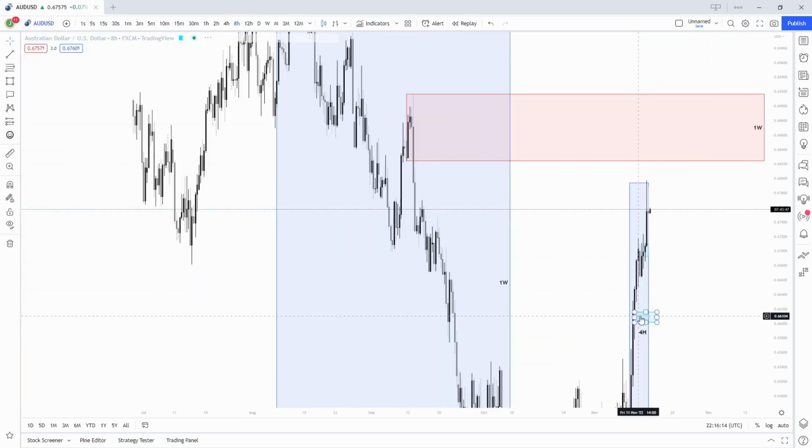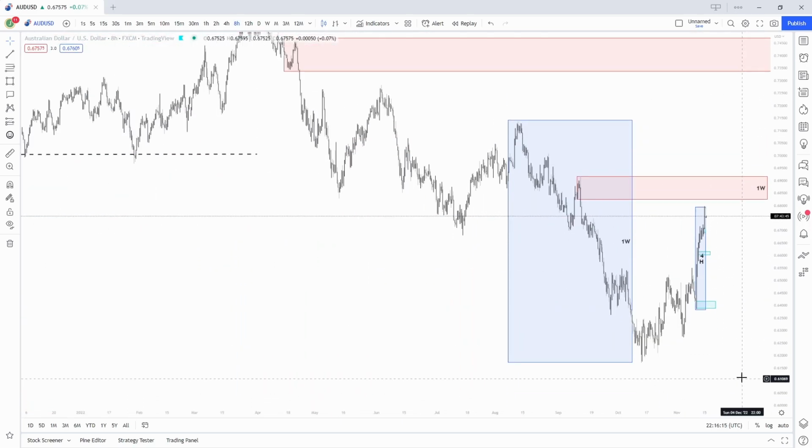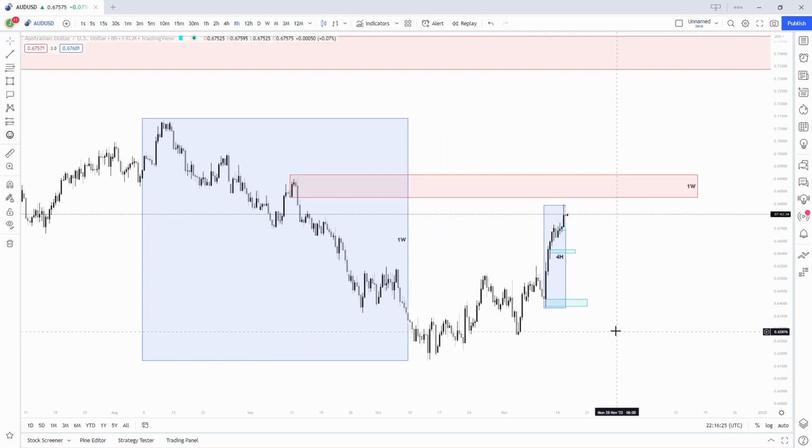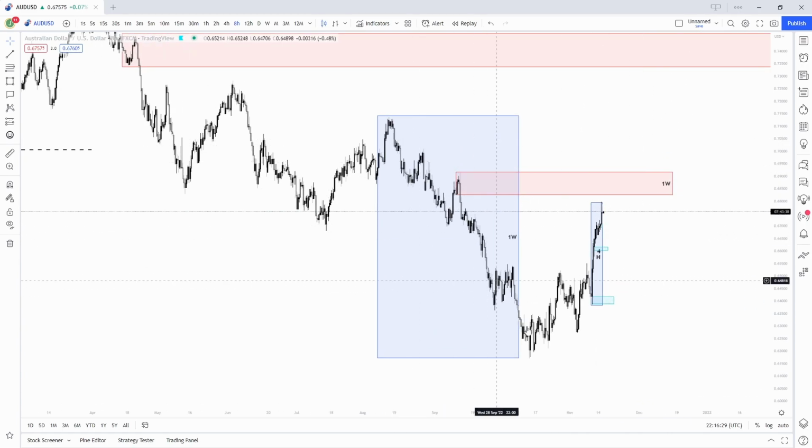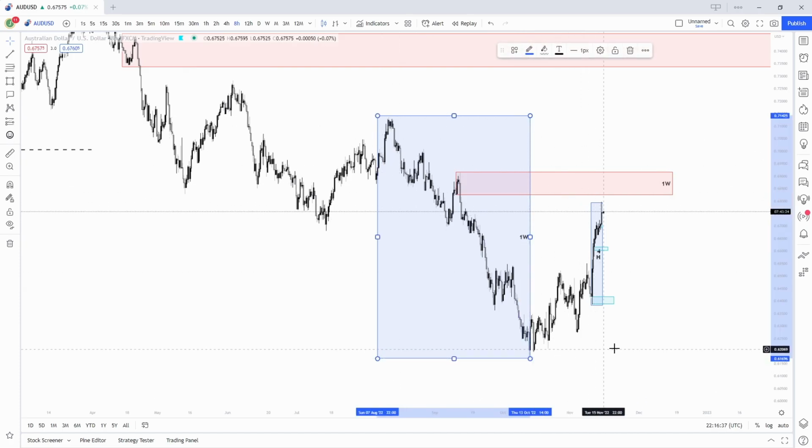I think we've got the point across there of how we implement points of interest within our top down analysis, or how our top down analysis now uses steps 1 and 2, how we can now find exact points in the market of reversal. So for example here, rather than us saying, right, well, we're delivering a correctional wave, all we know is that price has to reverse below the protected high and eventually meet the final target in the market.